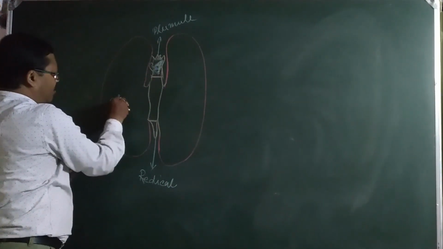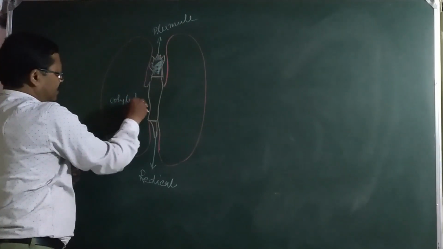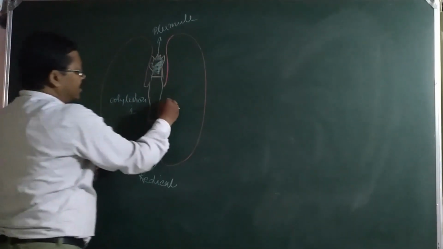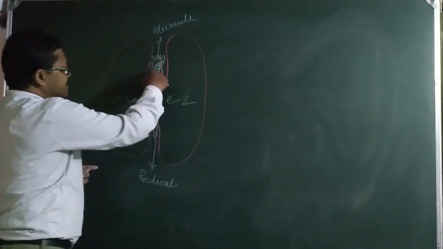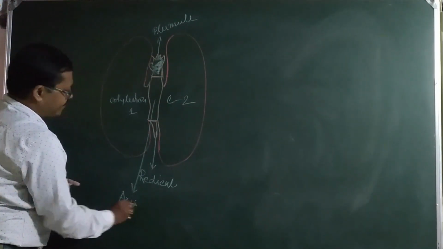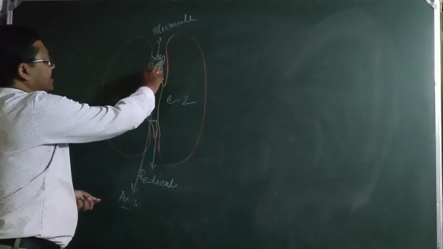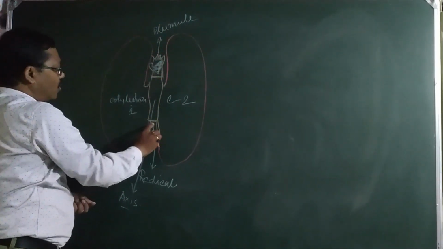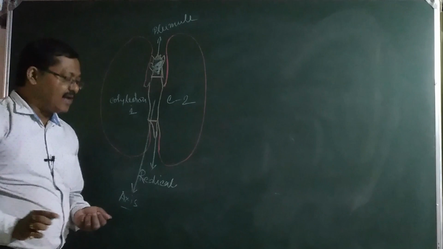This is cotyledon 1, cotyledon 2, and this is the axis. The upper part is the plumule, the lower part is the radicle.